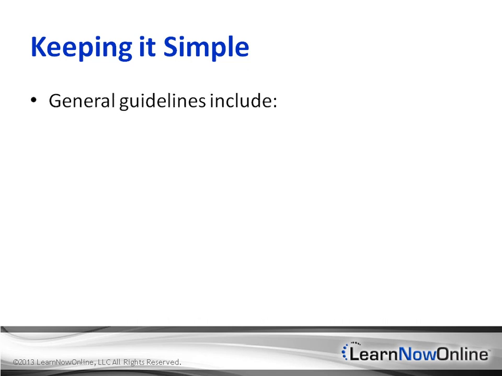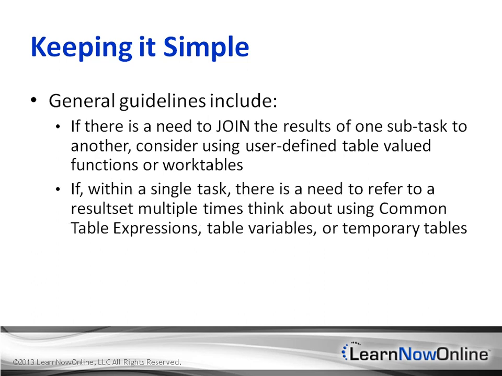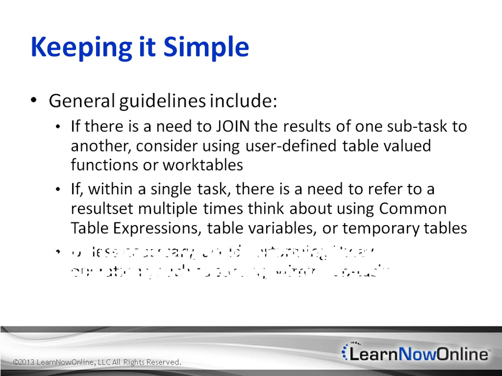Some general guidelines to consider are, if there's a need to join the results of one subtask to another, you might want to use a user-defined table-valued function or a work table. If you happen to be within a single task and there's a need to refer to a result set multiple times, then consider common table expressions, a table variable, or a temporary table.